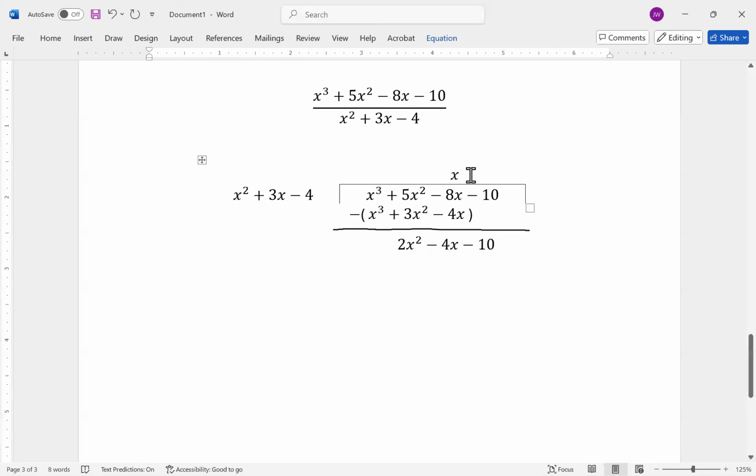Now we're ready to do this again. I have as the leading term of my remaining polynomial 2x squared. What do I need to multiply by x squared to get 2x squared? The answer to that is a positive 2.